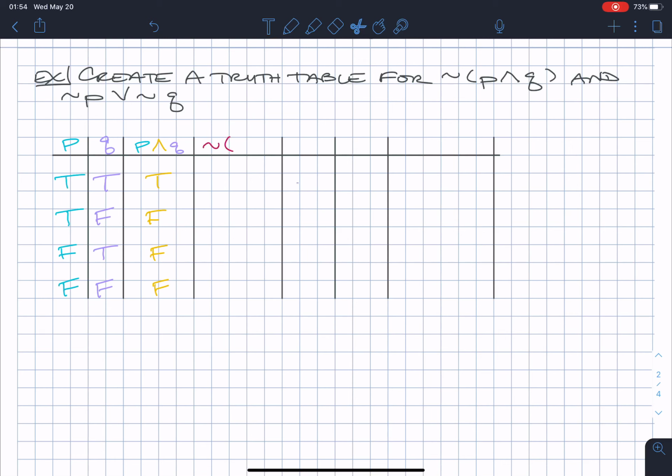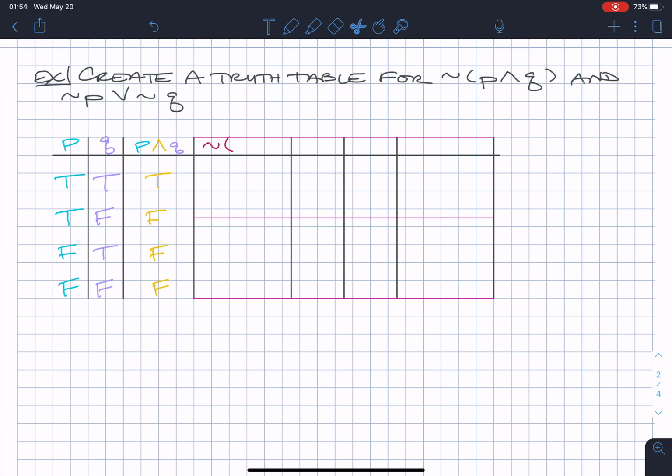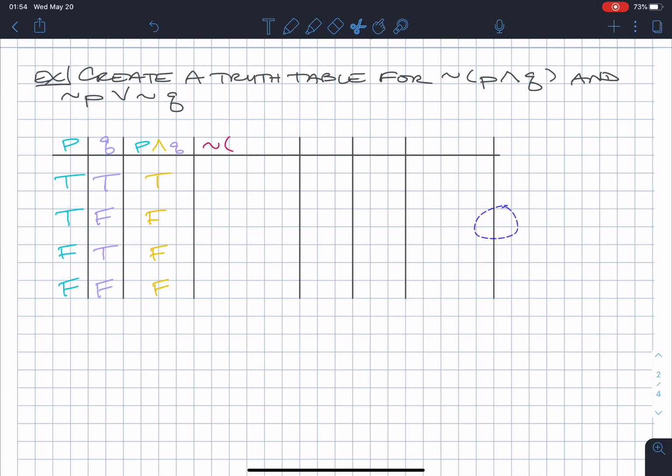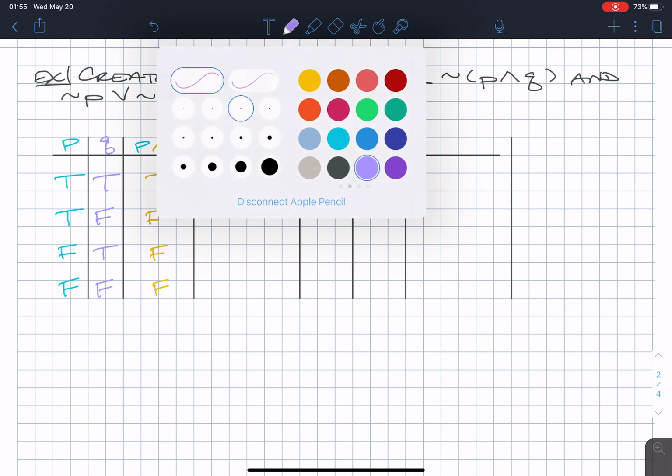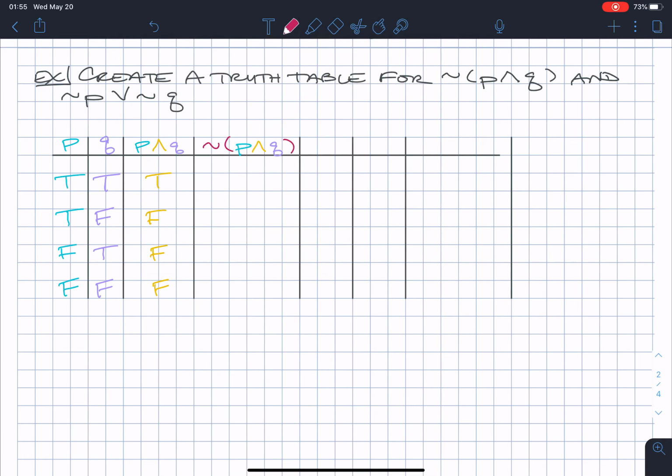Let's move this over one. Okay, so the negation of P and Q. I'm just going to change the truth value for everything in the preceding column. So that's false, true, true, true.